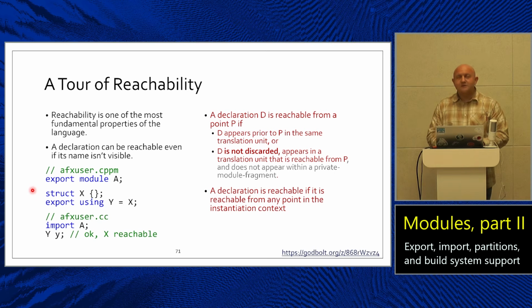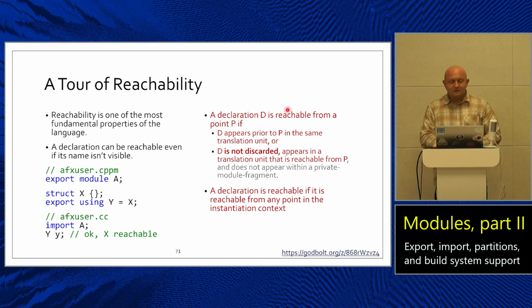While visibility is about names, whether a name can be found by lookup, reachability is about declarations themselves. A declaration can be reachable even if its name is not visible.